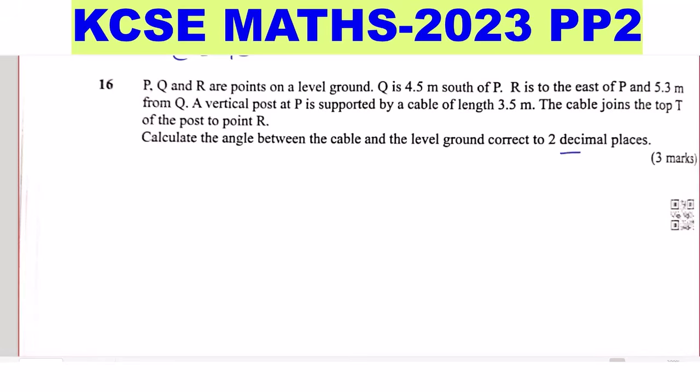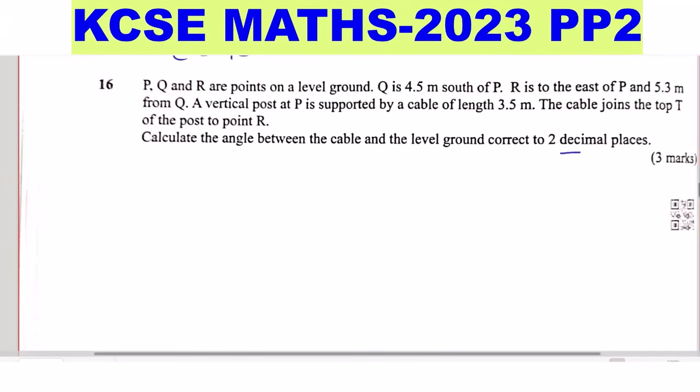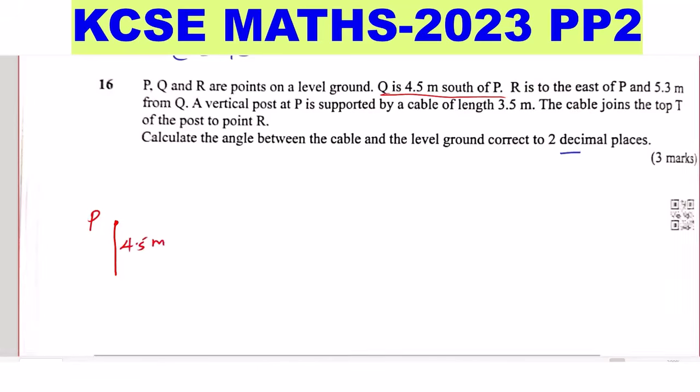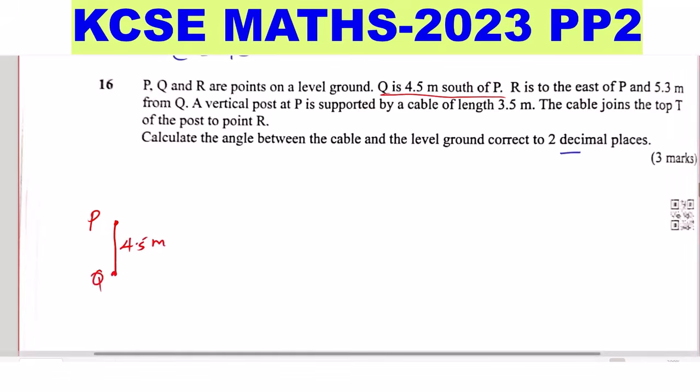So a sketch will be very important in this question because it will help us to solve it. Let me sketch these P, Q, and R. We position these points. So Q is 4.5 meters south of P. So assuming that P is here, then it means this is 4.5 meters, and Q is south of P. So Q is somewhere here.